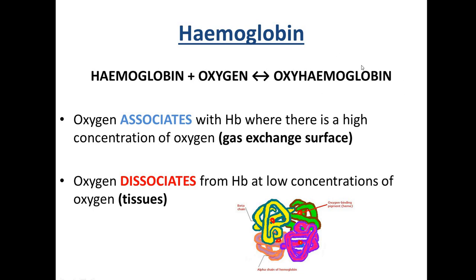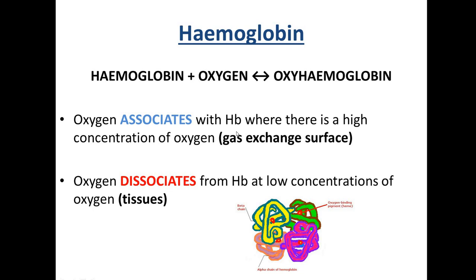Then it'll travel around the blood as oxyhemoglobin, and then when it gets to the tissues where the concentration of oxygen isn't as high, the concentration of carbon dioxide is higher, then at the tissues the oxyhemoglobin will dissociate to form haemoglobin, and then the oxygen will be given to the respiring cells.